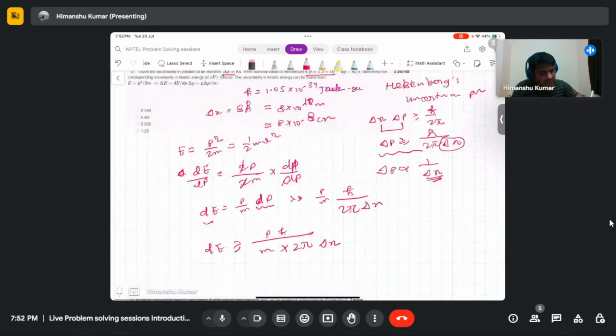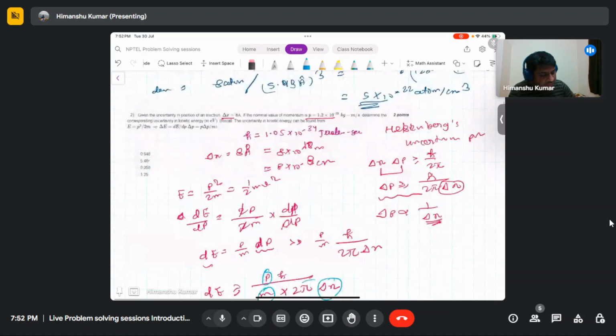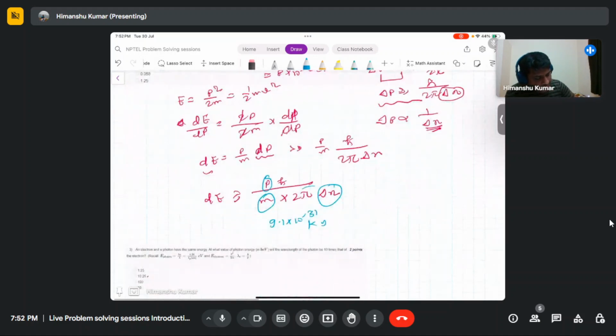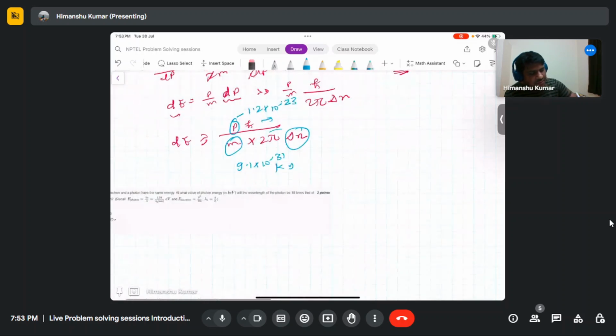The delta x is provided, the nominal momentum is provided, and the mass of a free electron we know, 9.1 into 10 power minus 31 kg. Momentum is 1.2 into 10 to the power minus 23, and h bar is 1.05 into 10 power minus 34 joule second.